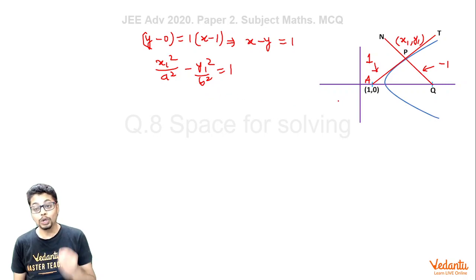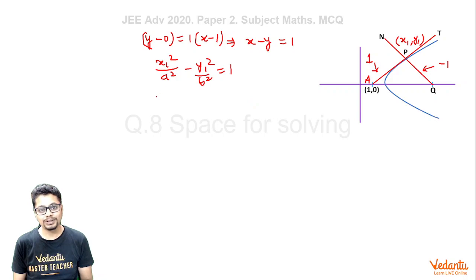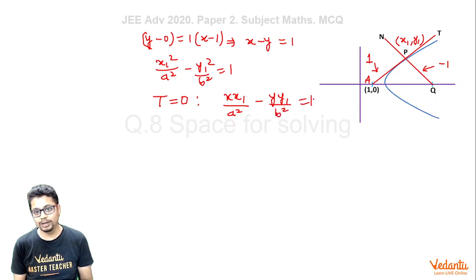The equation of the tangent at point P is x1 by A square minus y1 by B square equal to 1. By comparing this with x minus y equal to 1, we can clearly say that x1 is equal to A square and y1 is equal to B square, because these two equations are supposed to be identical, the same line. So the point P becomes (A square, B square).